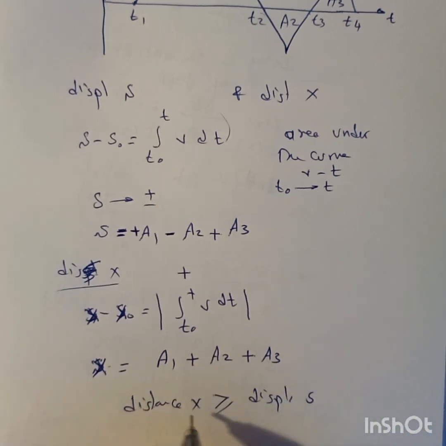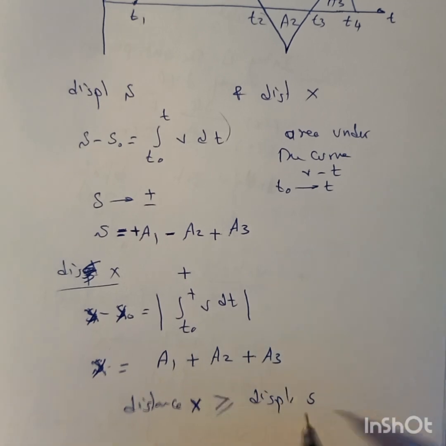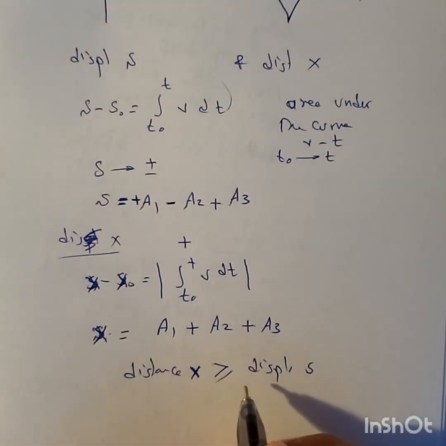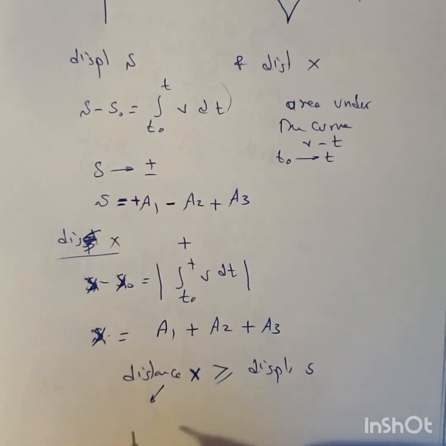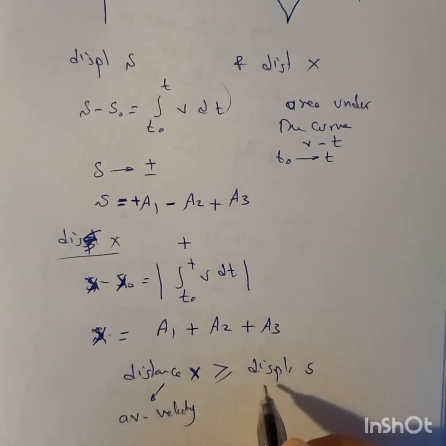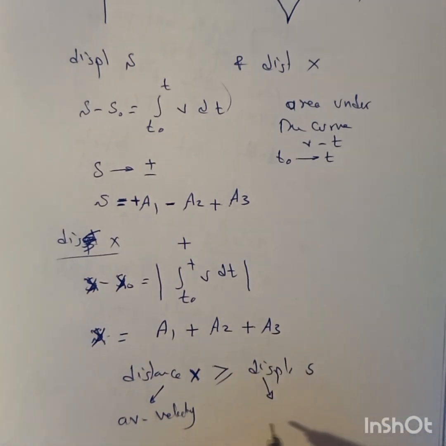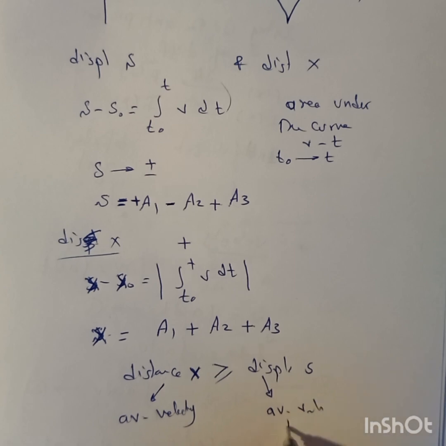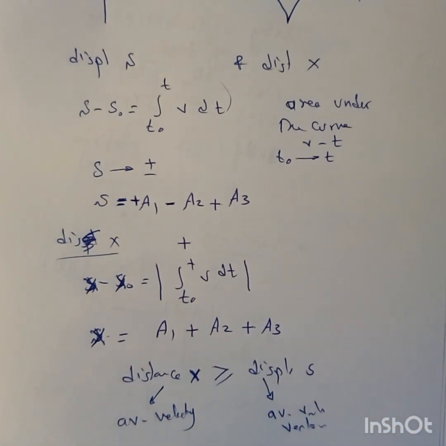As distance is always positive, displacement can be positive or negative. We use distance when calculating the average speed, but we use displacement when calculating the average velocity vector.